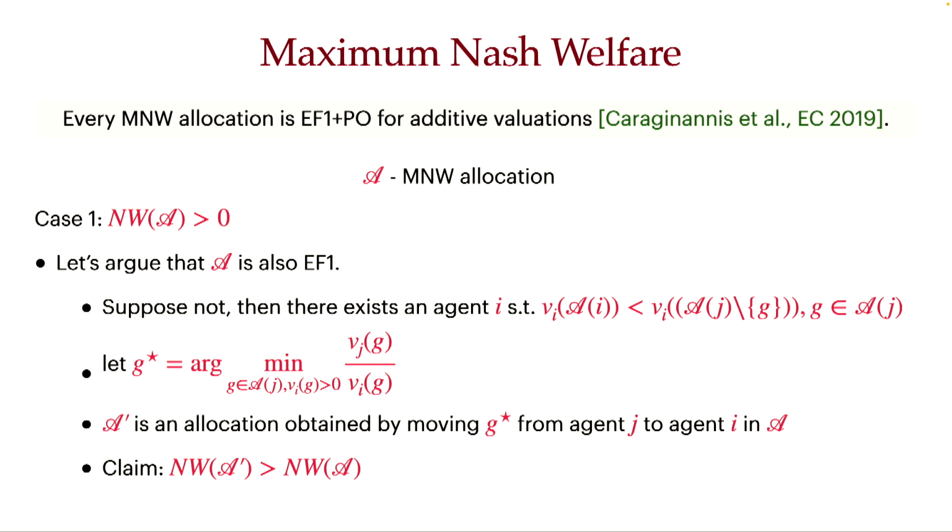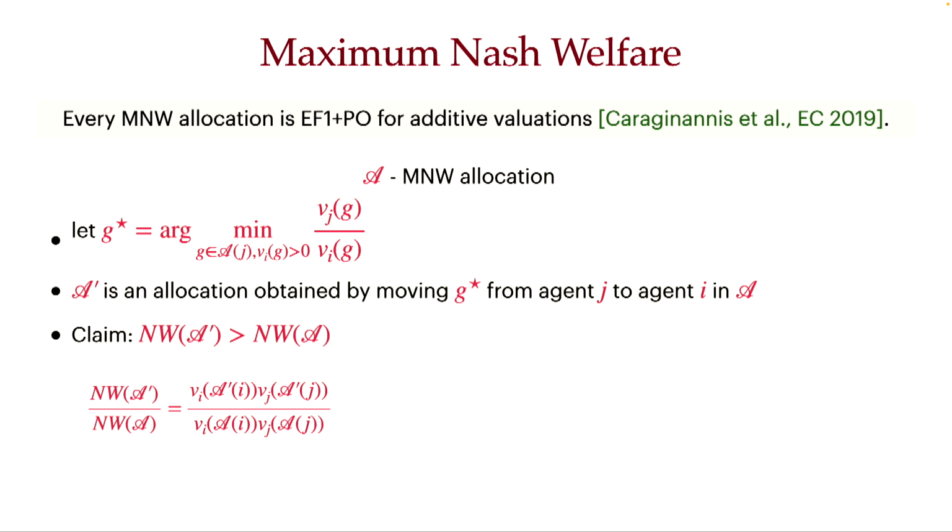So, we want to claim this. Let us see if I have more slides, otherwise we will use the board. Okay, I have a couple more slides. So, basically I want to claim that Nash welfare of A prime divided by Nash welfare of A is greater than 1, right. Product wise also I can say that it is greater than 1, otherwise after taking the cube root.